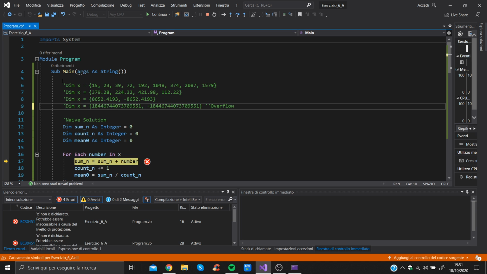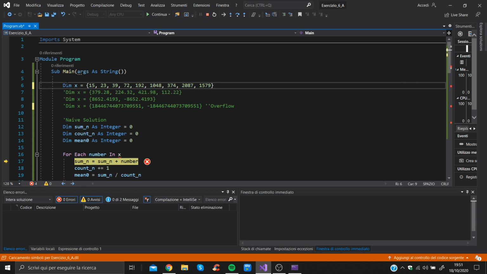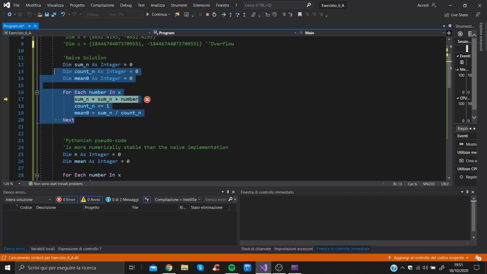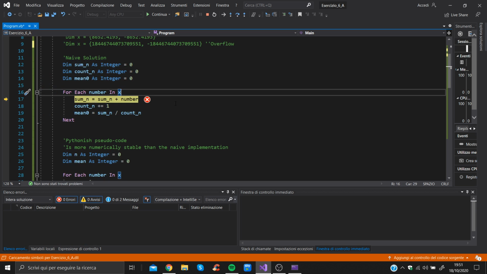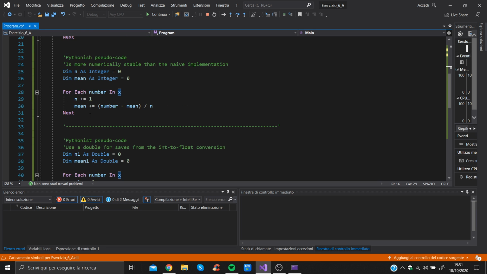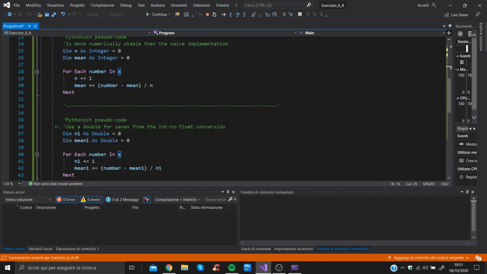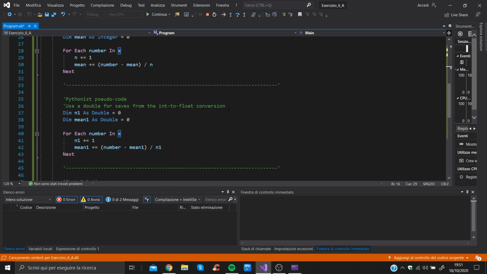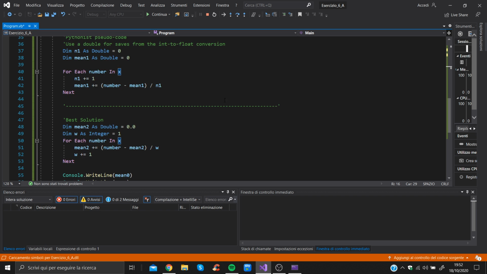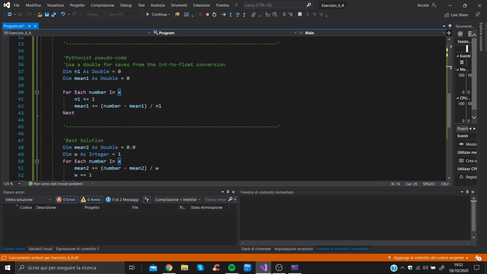I hope that with this first set of numbers we clarified the problem that the naive solution is not as stable as the Pythonist, but the Pythonist also needs the int to float conversion fix.